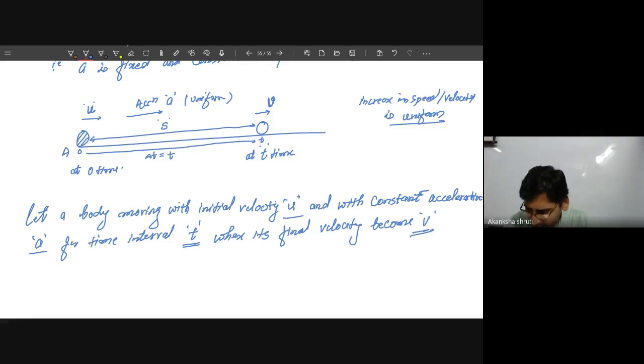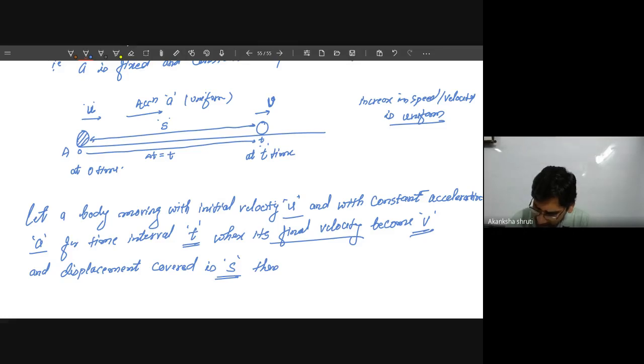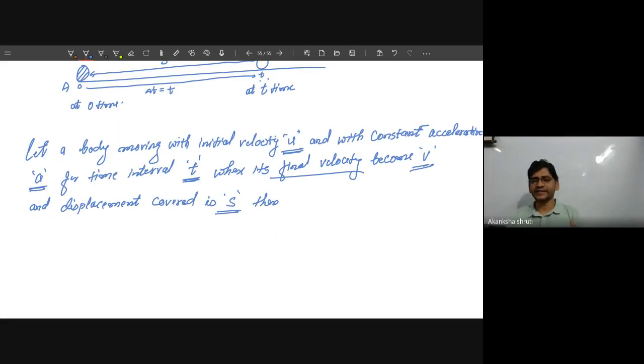So where its final velocity becomes v and displacement covered is s, then these are the quantities: displacement s, final velocity v, the time taken t, the acceleration with which the body is moving a, and the initial velocity u. These quantities are related to each other by three equations.